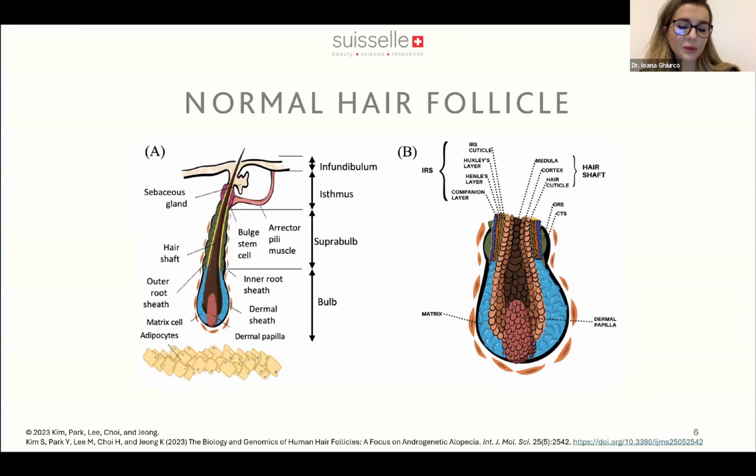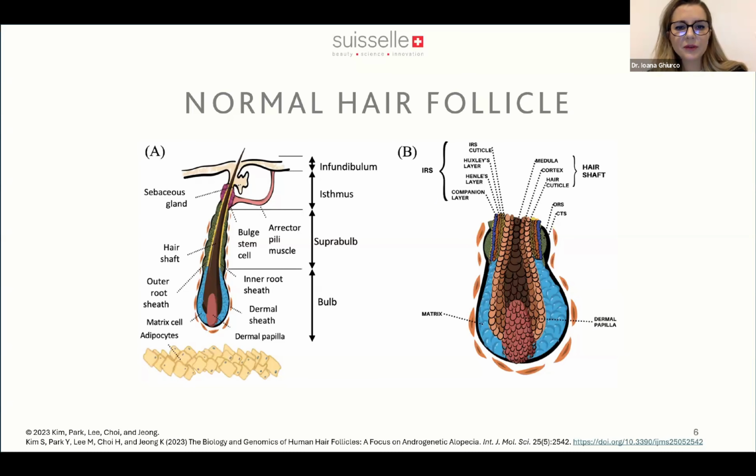The bulge is an important region because this is where the hair follicle stem cells reside. During the initial phases of hair growth, these hair follicle stem cells will go towards the bulb in order to proliferate and differentiate. So these stem cells are very important in hair regeneration and also in reparative processes.